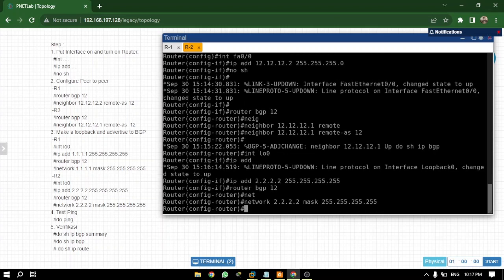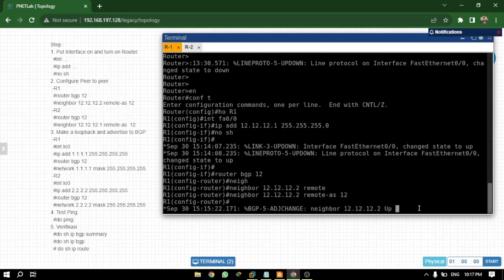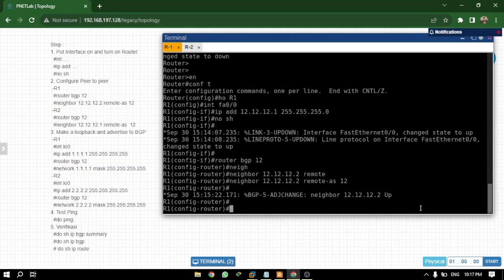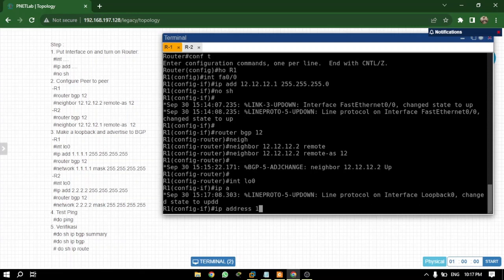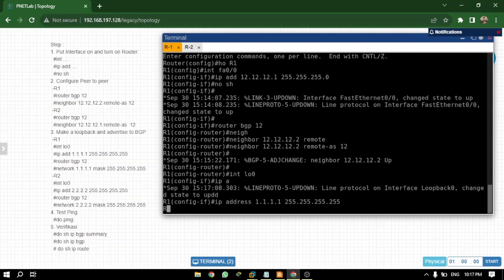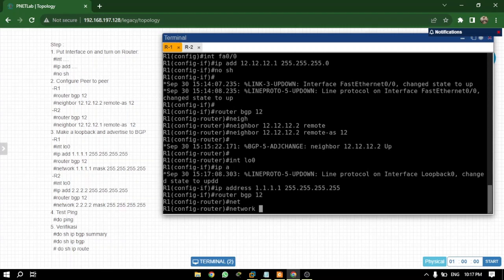Now let's move to the other router. Interface loopback 0, IP address 1.1.1.1, 255.255.255.255, router BGP 12, network 1.1.1.1 mask 255.255.255.255.